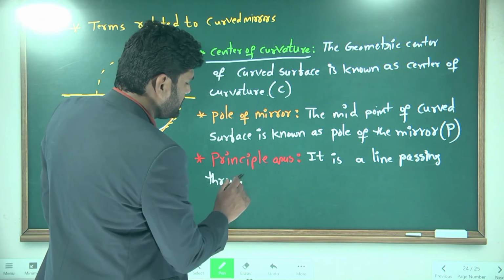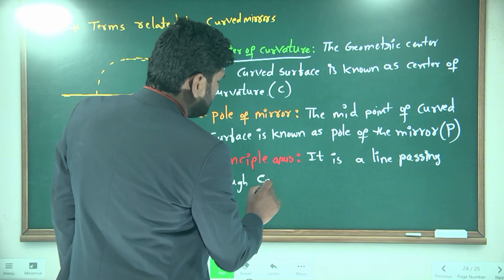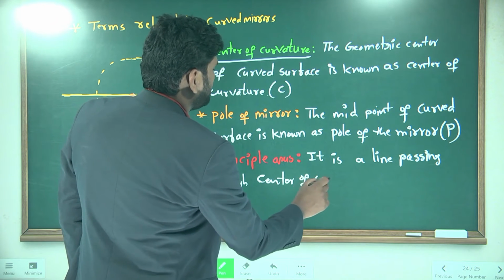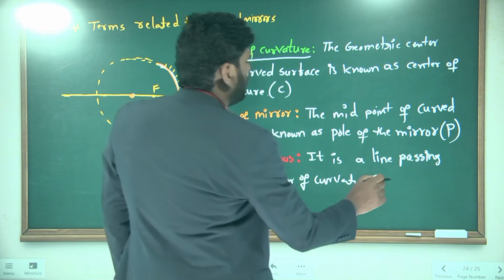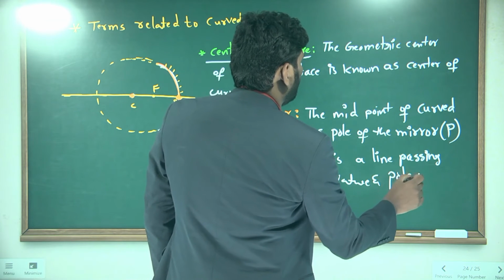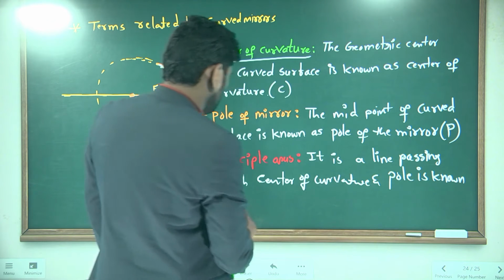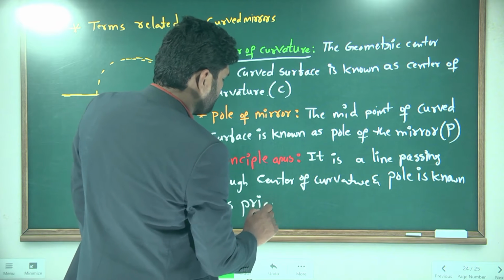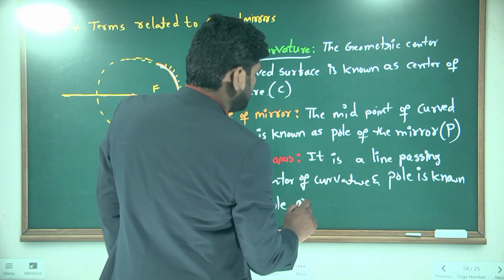The line passing through center of curvature and pole is known as principal axis.